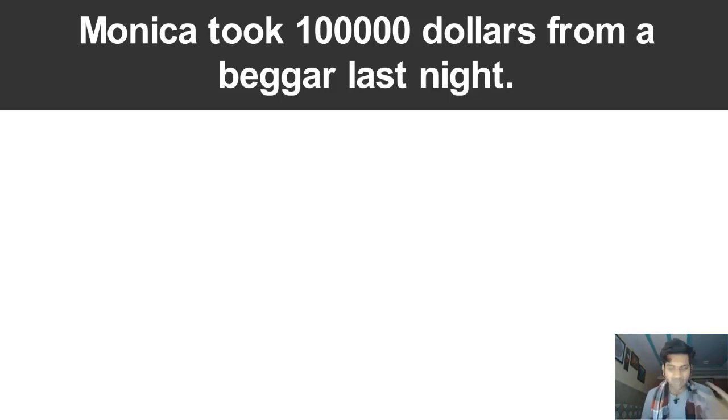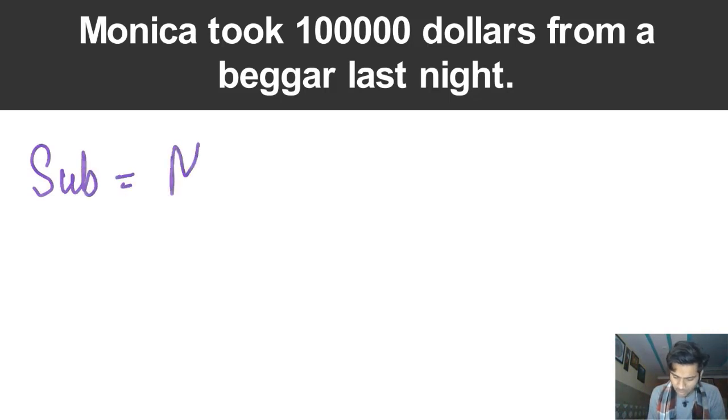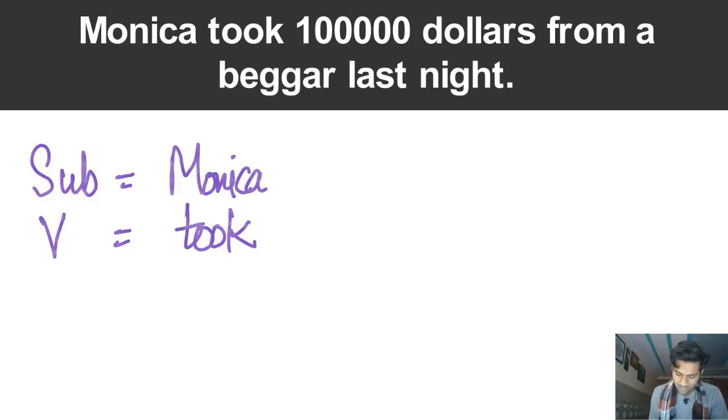So we have a couple of elements in the sentence. Let's write them down. Number one, the subject, right, which is Monica, which is very clear. She's the one doing the action. Then we have the verb, that is took, right? Then we have the object of the verb, direct object, which is $1 lakh.